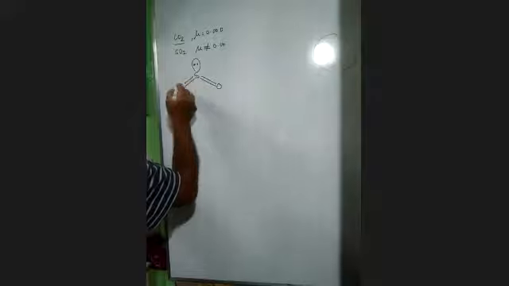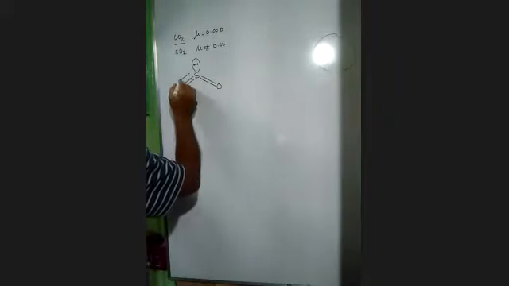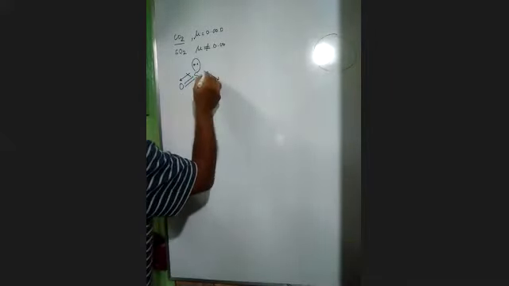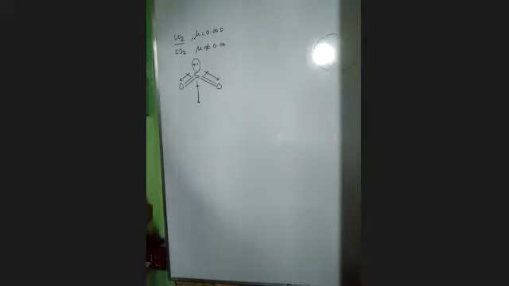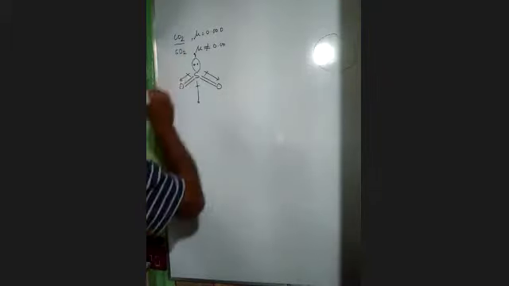Sulfur dioxide is a polar molecule because between oxygen and sulfur, oxygen is more electronegative. See here, and in this case there is a resultant. This lone pair also has a moment, but this is less than this.